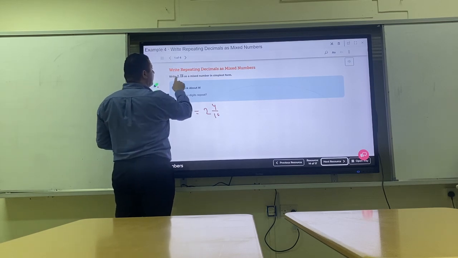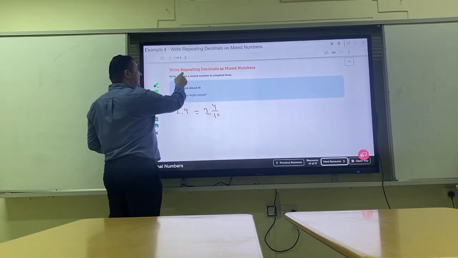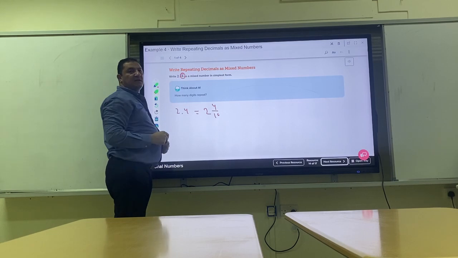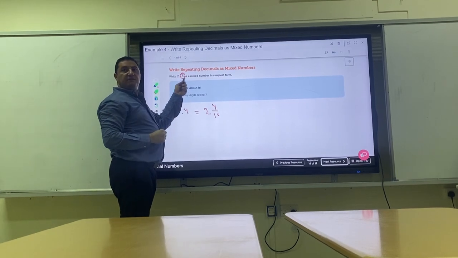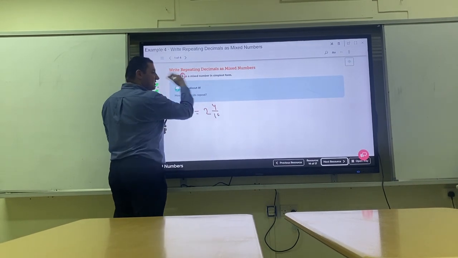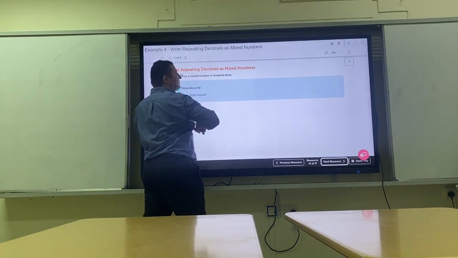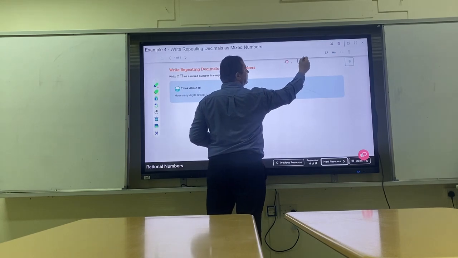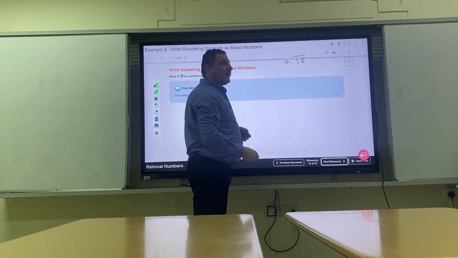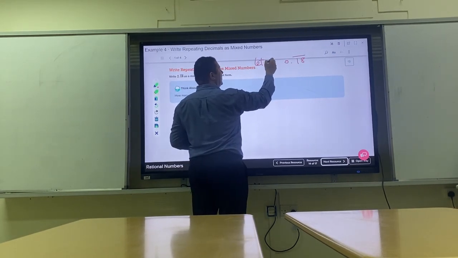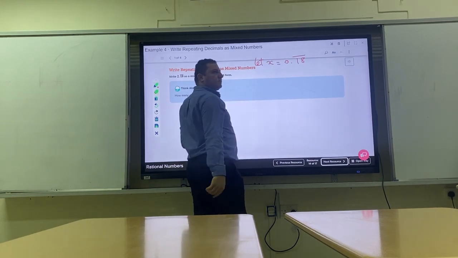Now, I will be taking the same concept, but because I don't know what the 18 repeated value is, I need to find it first, and then I will add 2. So now I'll be taking 0.18 repeated as the x. So let x equal this value.